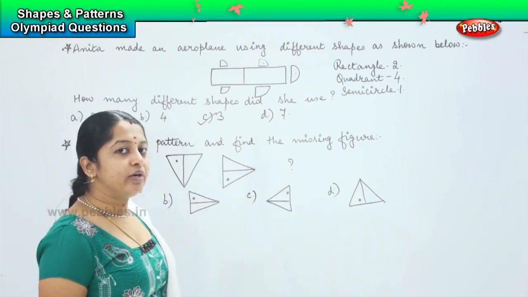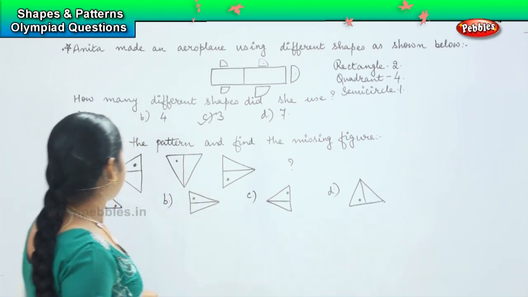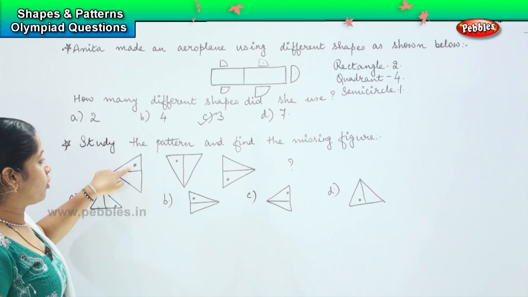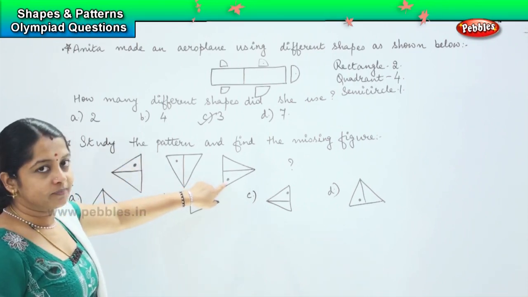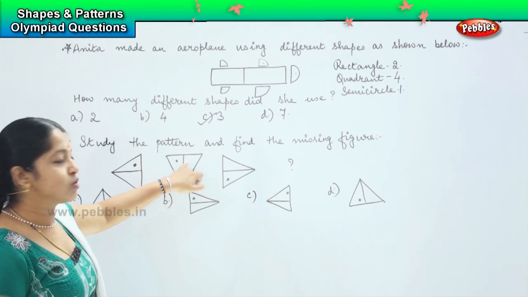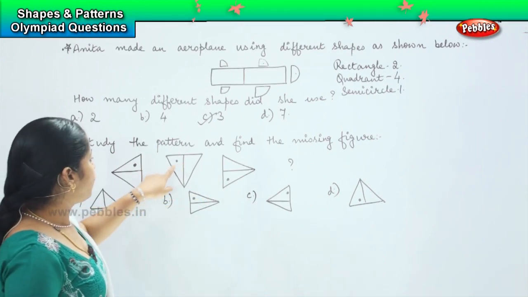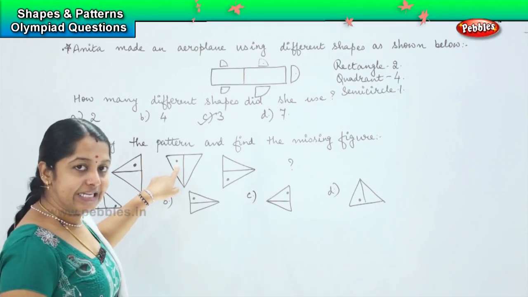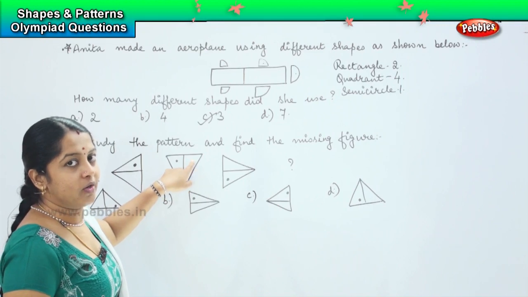Now you have to decide whether the dot will come towards your left hand side or right hand side, right? So the first one was having a dot towards the top, and the third one is having it towards the bottom. So which means again this will also be reciprocating. It will also be the opposite.